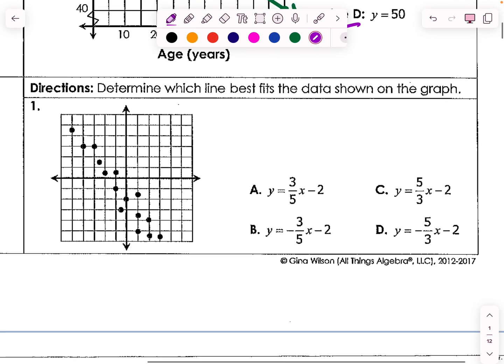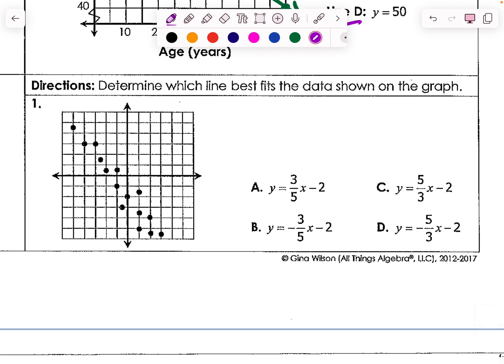Okay, let's go down. It says determine which line best fits the data shown on the graph. Immediately we can cross out 2. Which 2? All the positive ones, because this is a negative correlation, right? It's going from left to right negative. So I'm going to cross off A and C. And now, all I have to do is check 2 lines.